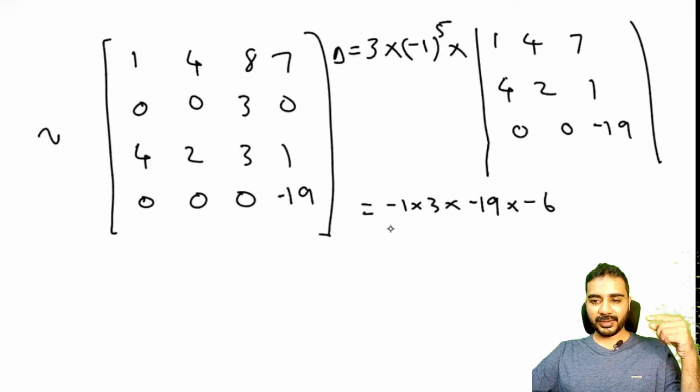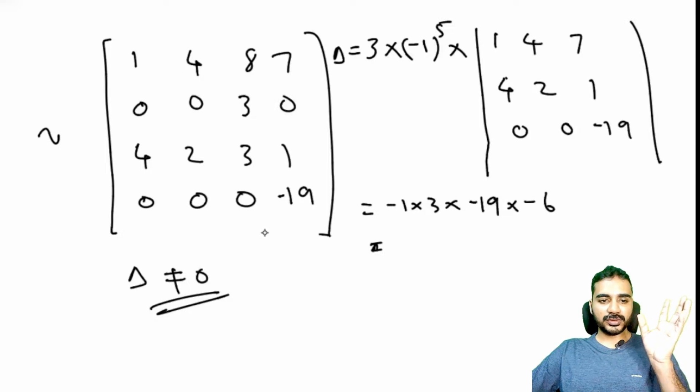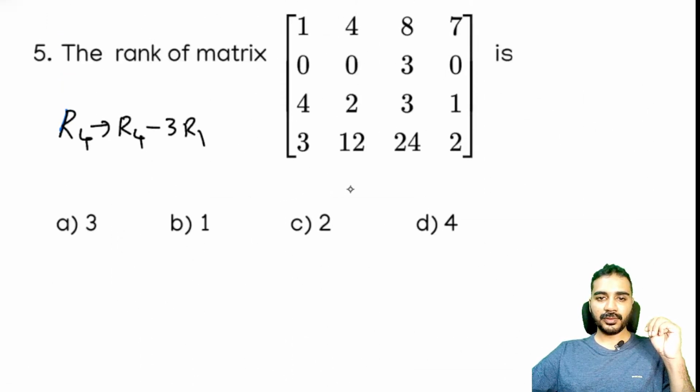So we get a non-zero value here. So the determinant value is not equal to 0. We got a non-zero value for a minor of order 4, so we haven't done a minor of 3, 2 or 1. Even in the order of 4 itself, we are getting a non-zero value. So the rank of this matrix is nothing but 4. The final answer to the question is 4.